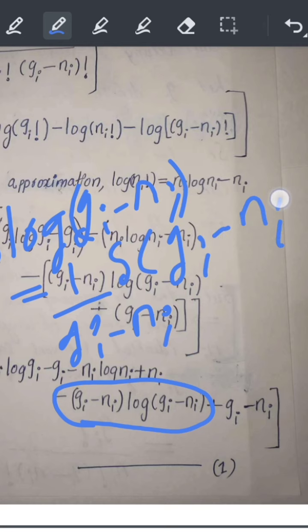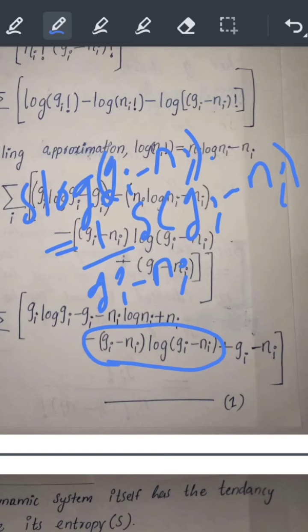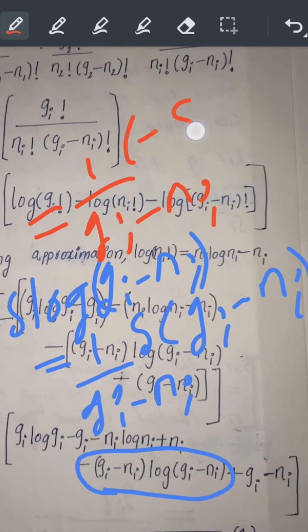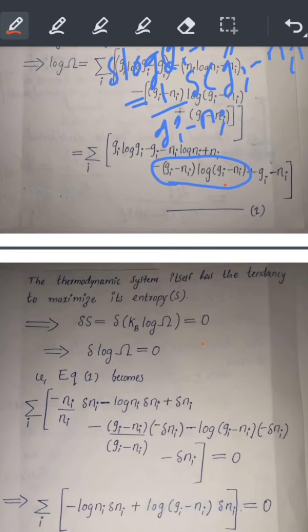The differential of gi is 0 and the differential of minus ni is minus delta ni. So you get 1 by gi minus ni times minus delta ni, and you can compute the differential of this whole function using the product rule of derivatives.